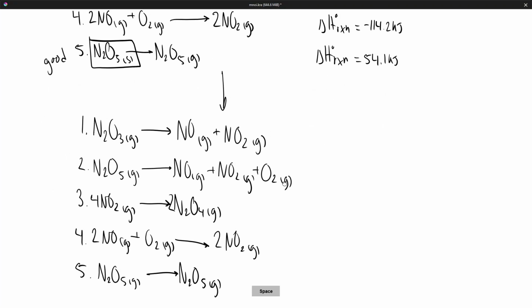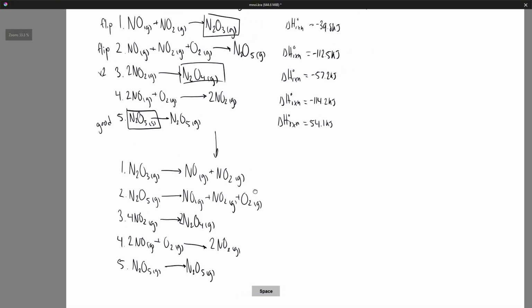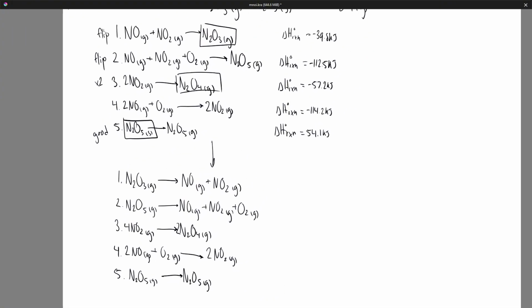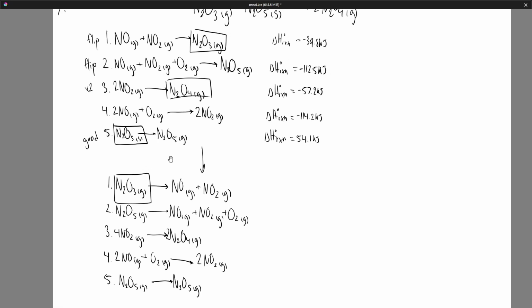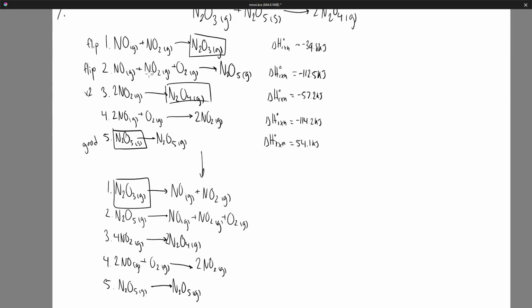Okay, so now I've done everything I had to. I flipped the first two equations like I said. See, the gas right here is on the other side now, so let's box that again since we don't want to lose it. The second equation is also flipped. You see the product here is now the reactant.